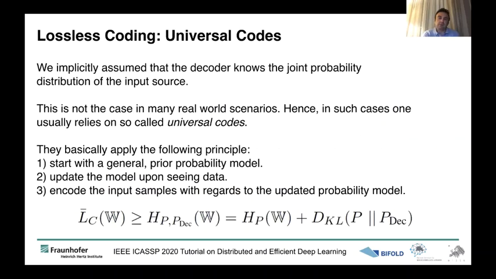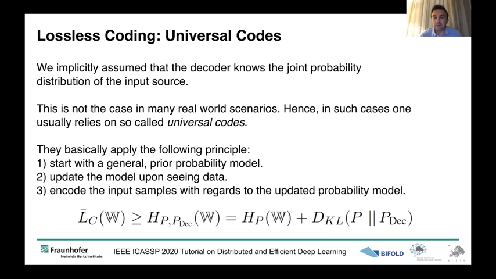As I told you, these universal codes start with a generic prior probability, and after seeing the data, they adapt to the data, update the probability model, and then encode the input samples. In this case, the probability model is not known a priori, so it has to be estimated or updated first.